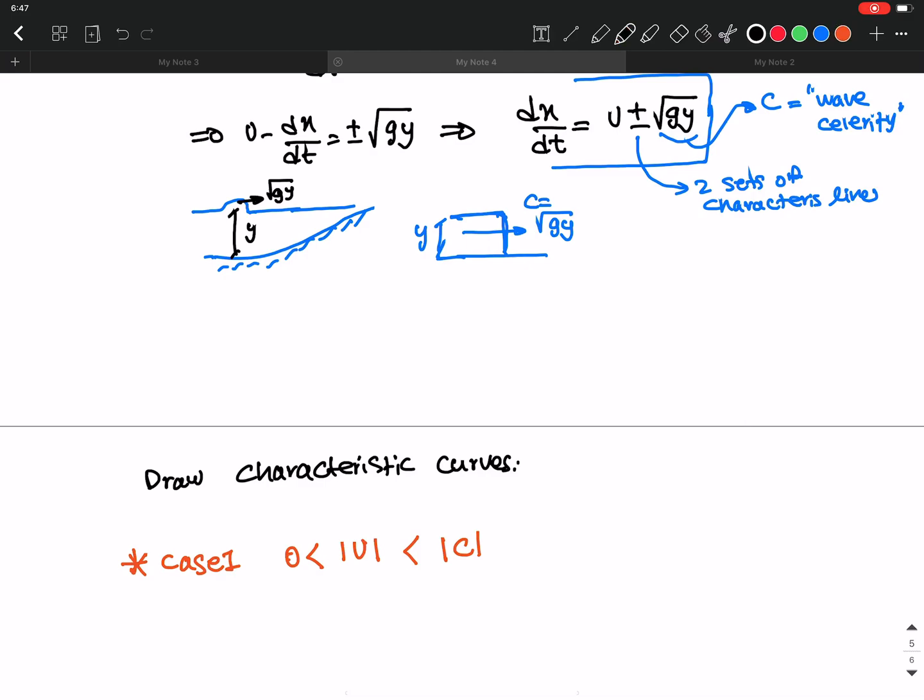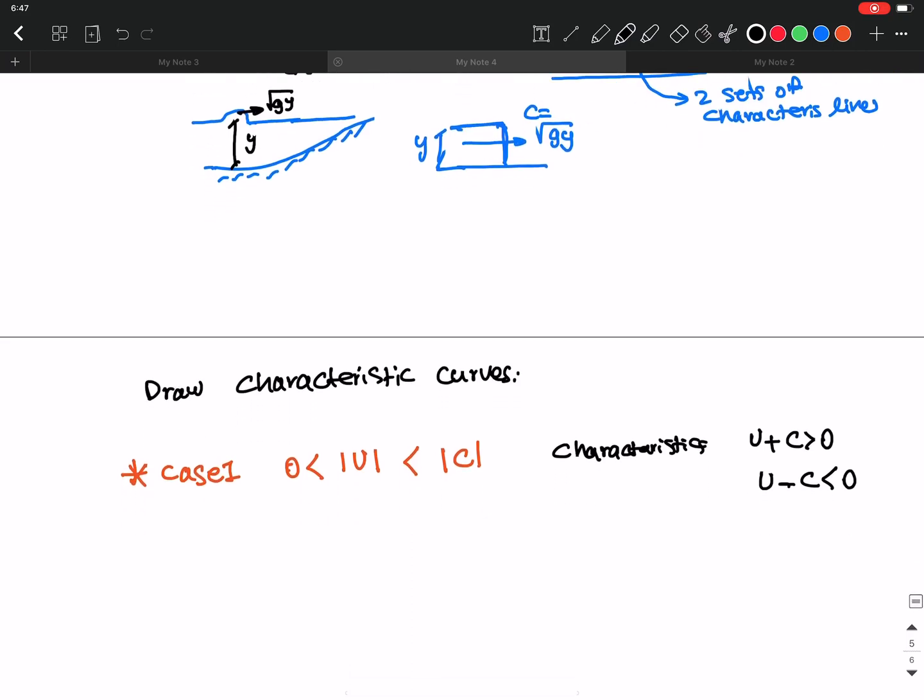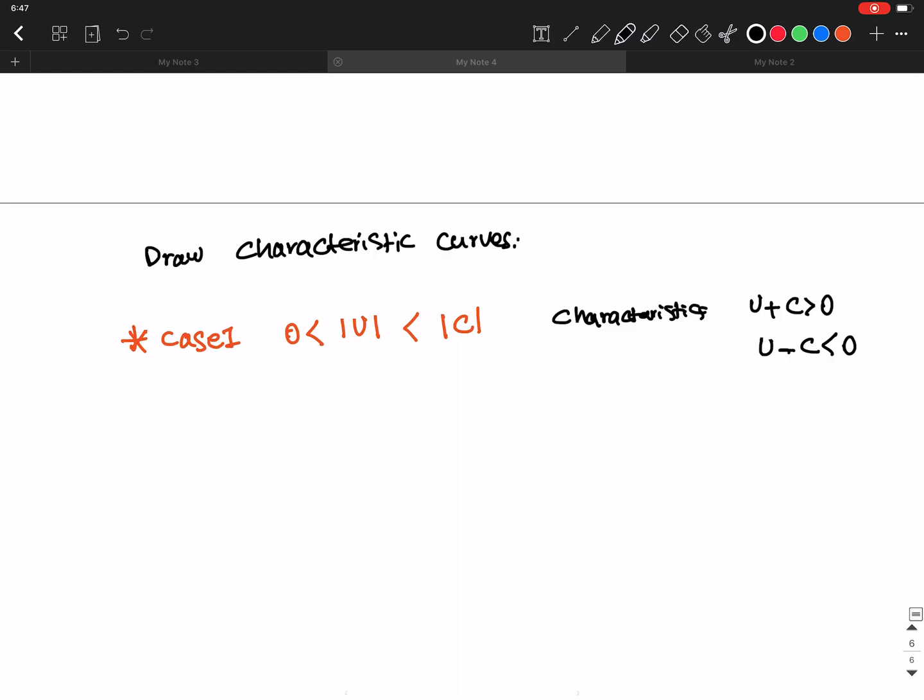So we are going to have two characteristics here. The characteristics are going to be u plus c, which is greater than 0, and u minus c, which is going to be smaller than 0, right? Less than 0.